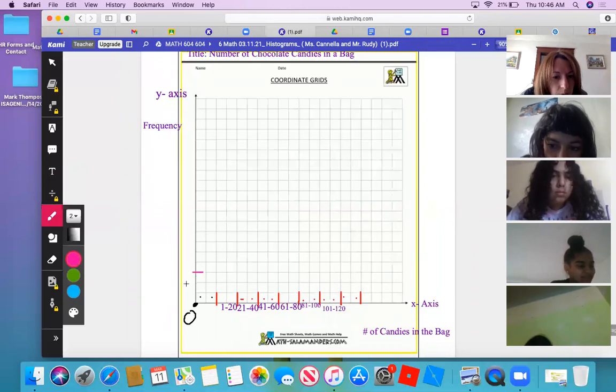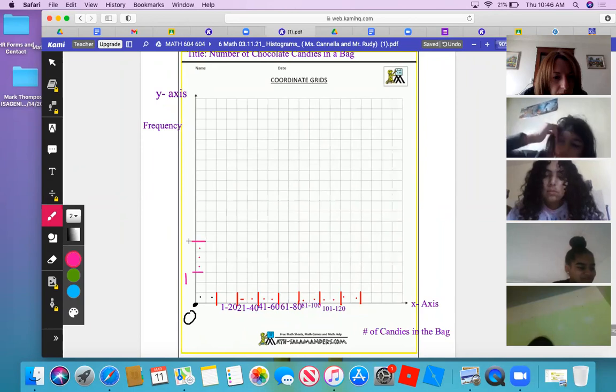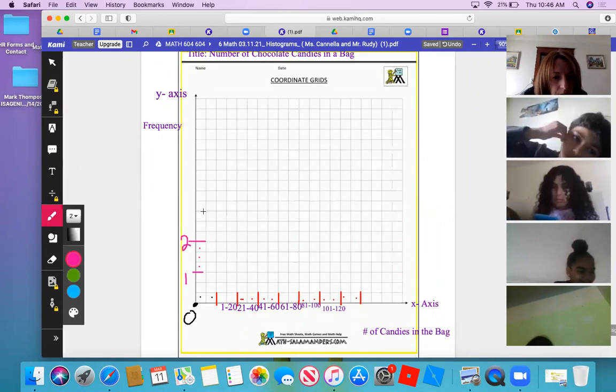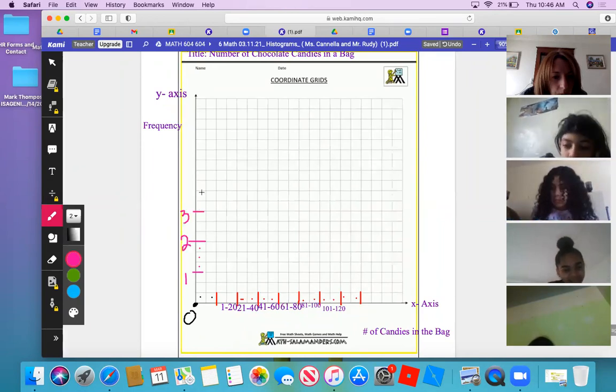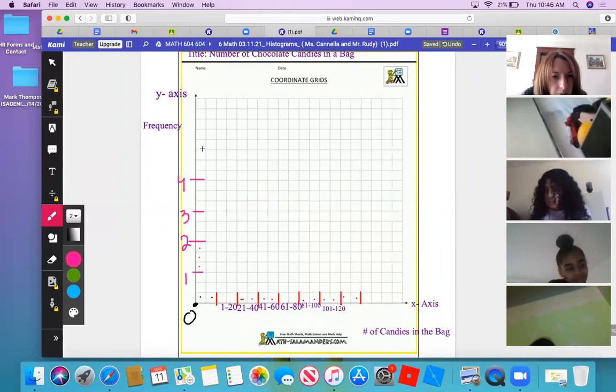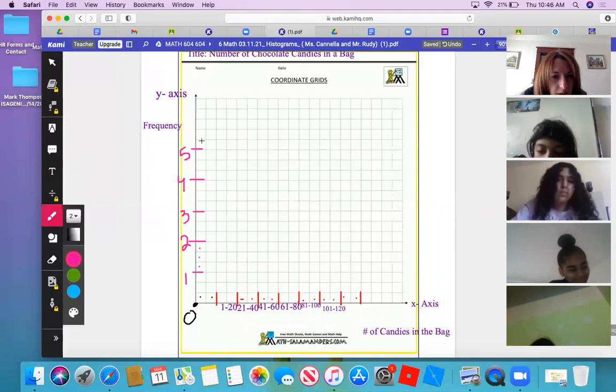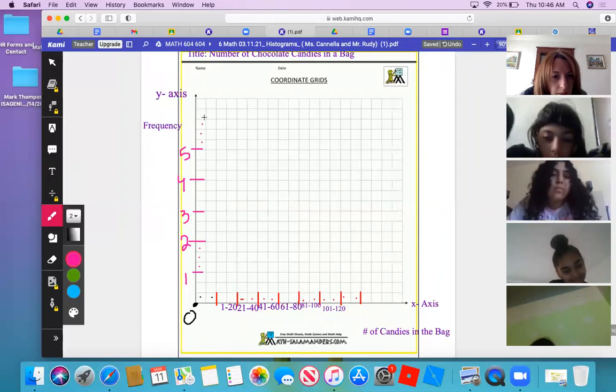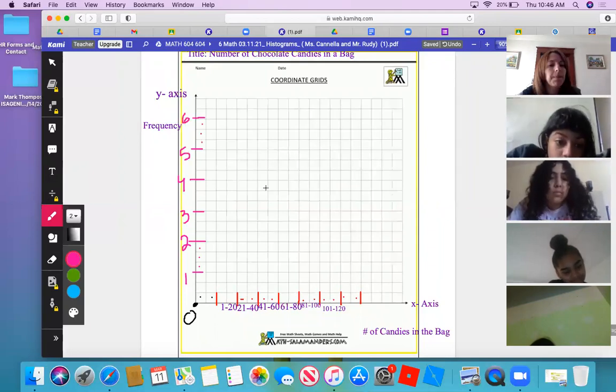We're going to call this 1. So we skip 1, 2, 3, this would be 2. 1, 2, 3, this would be 3. 1, 2, 3, this would be 4. And then 1, 2, 3, this would be 5, right, guys? 1, 2, 3, this would be 6. I was confused. I was thinking about the x-axis.